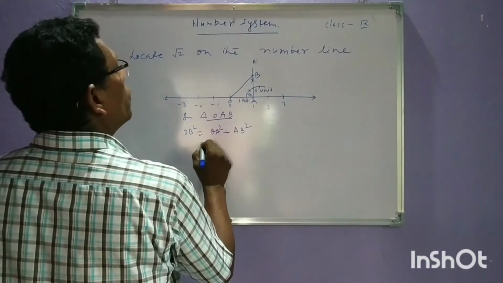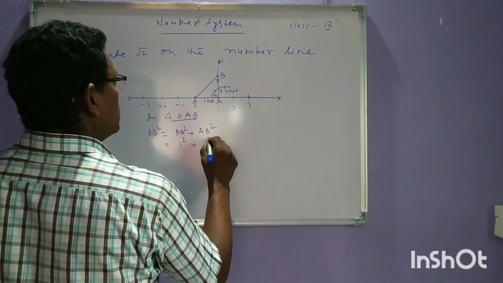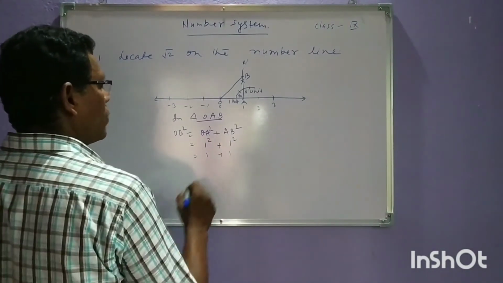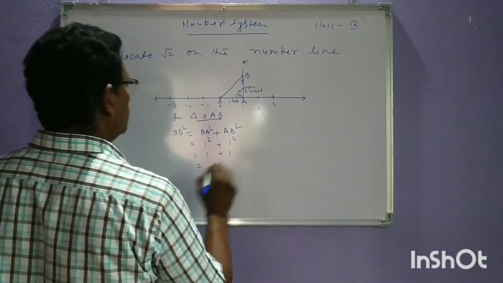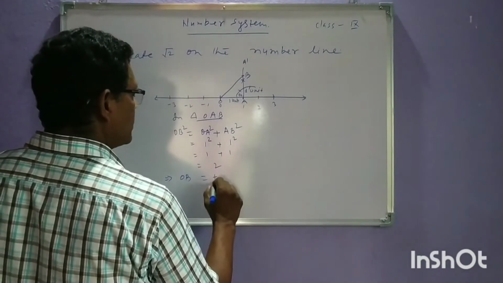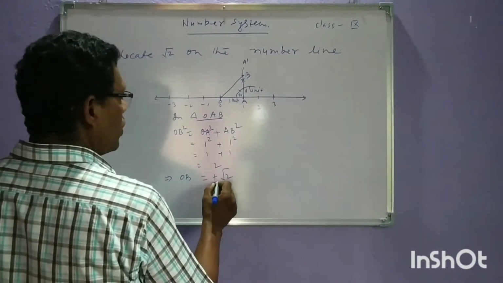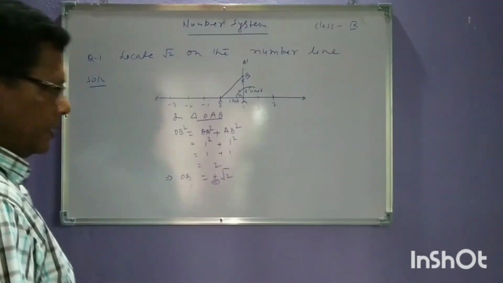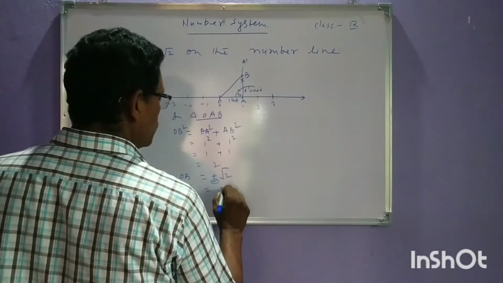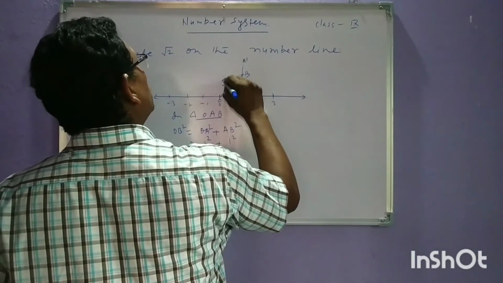Now, OA equal to 1 and AB equal to 1. So the square of 1 gives 1. 1 plus 1, 2. Therefore, OB equal to plus minus root 2. Here we do not consider the negative sign as distance is never negative. So OB equal to root 2. Now this is your root 2.